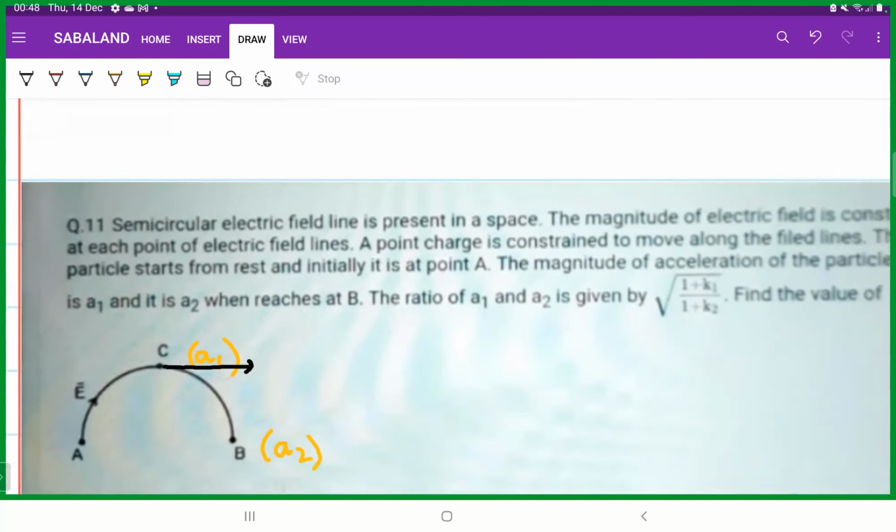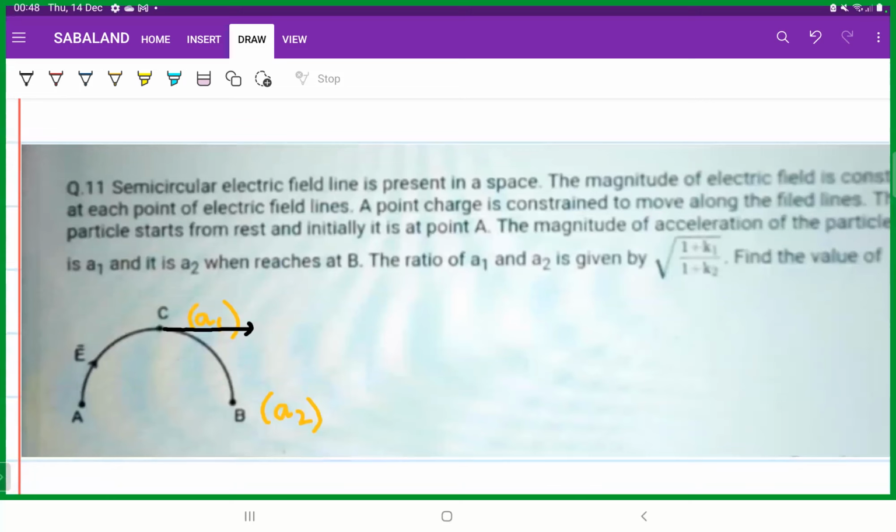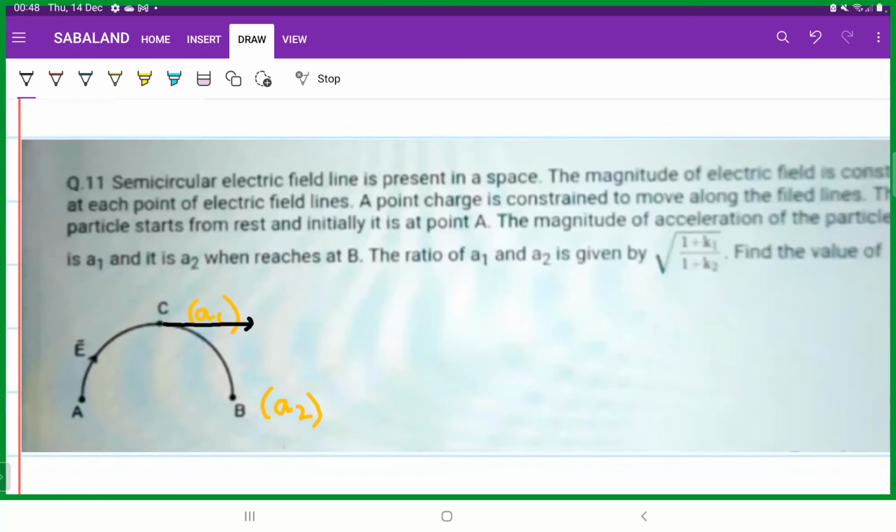Now, since this motion is accelerated, it is quite obvious that the particle must have gained some velocity as well, right? So, along with this horizontal acceleration, there will also be an acceleration in the perpendicular direction, because of centripetal acceleration, that is v square by r basically, because of the velocity which it has gained.